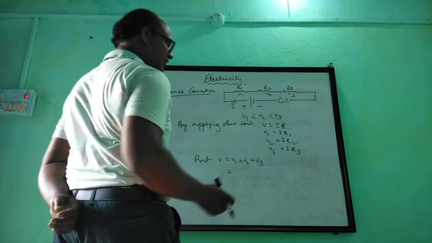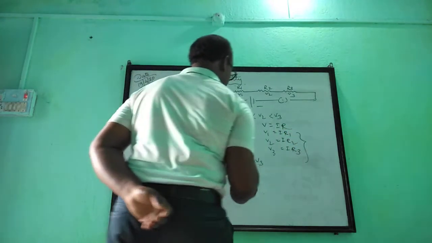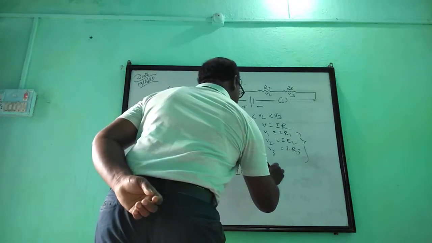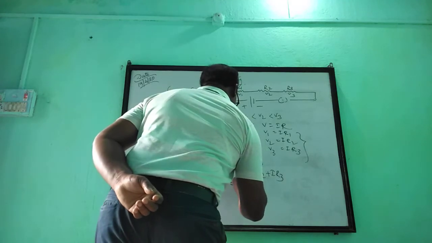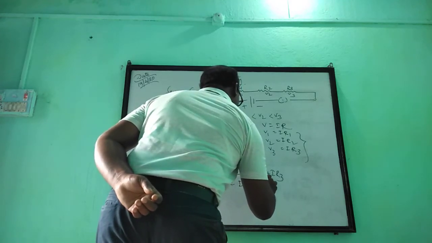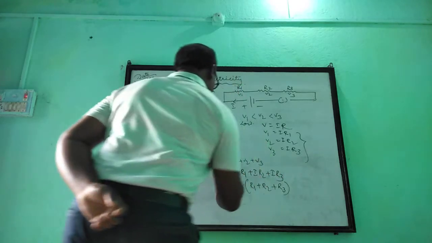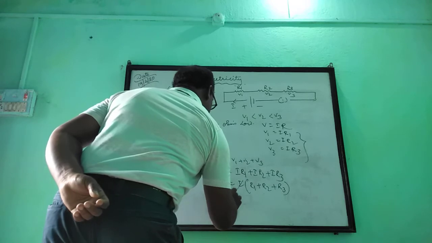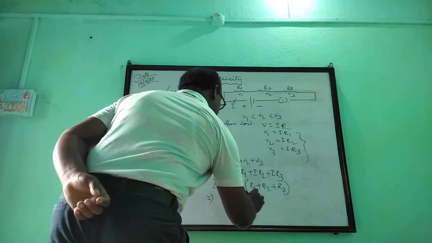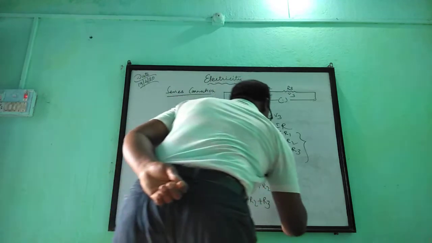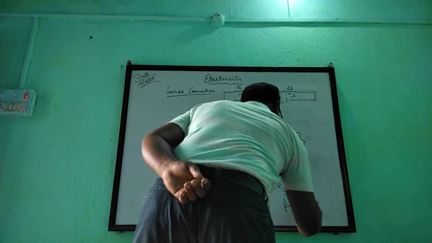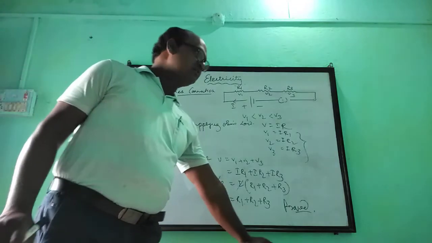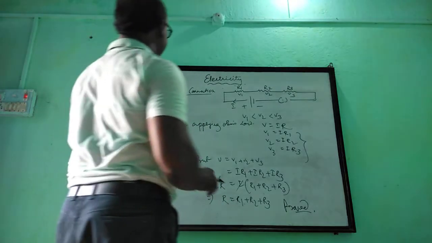Therefore, if we put the values, IR1 plus IR2 plus IR3, if we take I common, then R1 plus R2 plus R3, and V equals IR. I cancels. R equals R1 plus R2 plus R3 for series connection. And for parallel connection, we can also prove it.